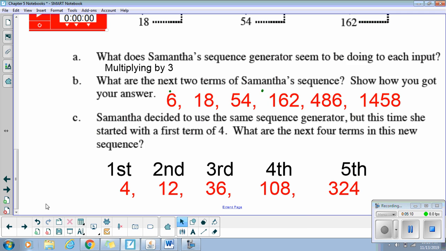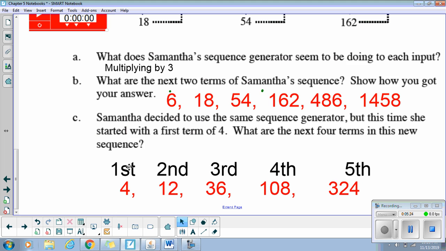So just continuously multiplying by 3. So this is like the rabbit situation, and it's repeated multiplication. However, the organization is very different. They talk about first term, second term, third term, fourth term, and fifth term. These here that I'm moving around on the screen are inputs. The ordered list is a list of outputs.